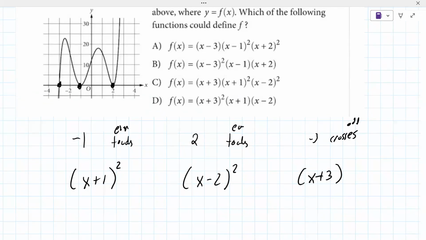All right, let me quickly look for a few more of these.